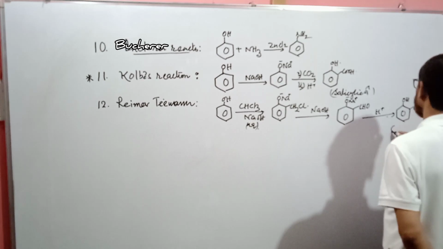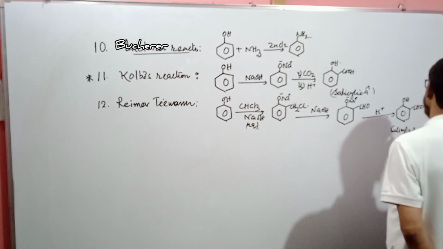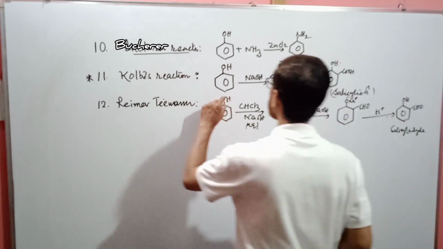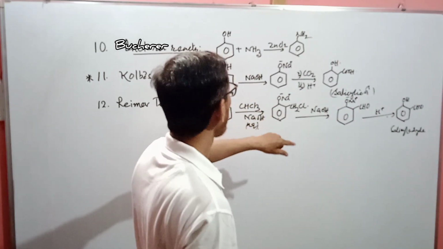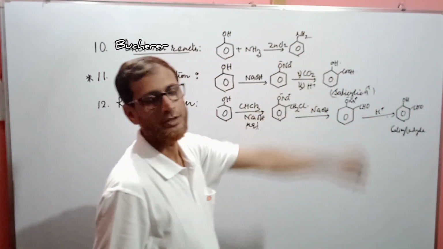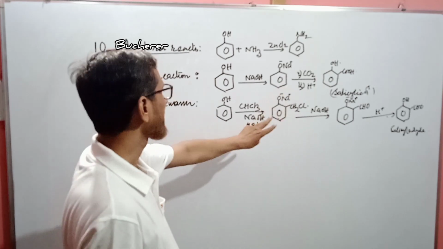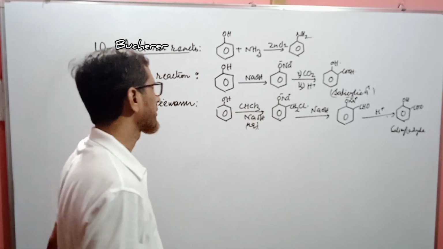It is salicylaldehyde. Again we are doing the same thing. Here OH is there, it has been treated with sodium hydroxide, and then at last again you see OH coming. I will again explain what happens here. So it is a very important reaction.